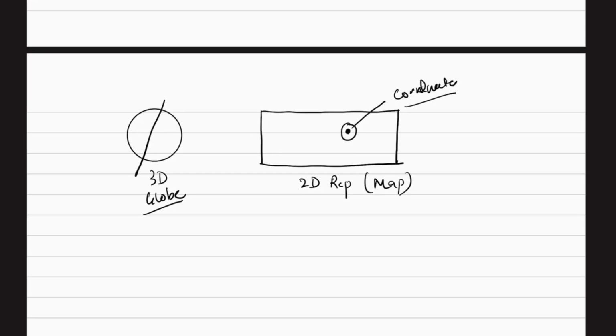There has to be one horizontal line and there has to be one vertical line. The intersecting point of the horizontal and the vertical line is the coordinates, exact location. अब ये जो horizontal line है इसको हम बोलते हैं latitude, और जो vertical line है उसको हम बोलते हैं longitude.